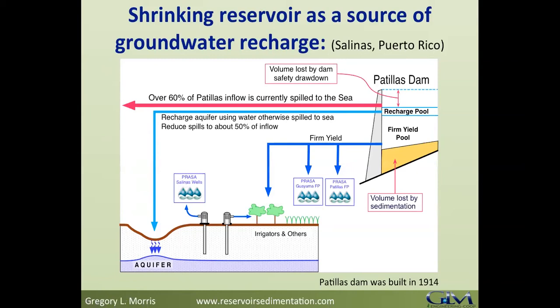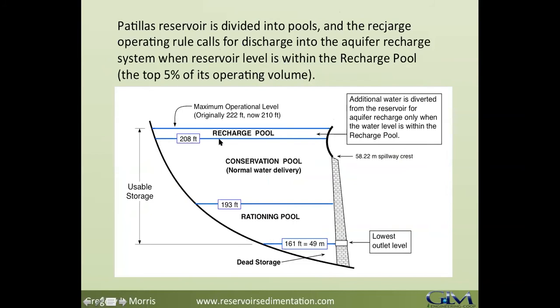So in this particular case, instead of trying to take water from the reservoir and sending it directly to Salinas through a new filter plant, which would basically take firm yield away from the existing users, who are completely using the available yield, what we'll do is take water from the reservoir and use it to recharge the aquifer in the area of the Salinas well field. Basically, the top 5% of the operating pool will be designated as a recharge pool.